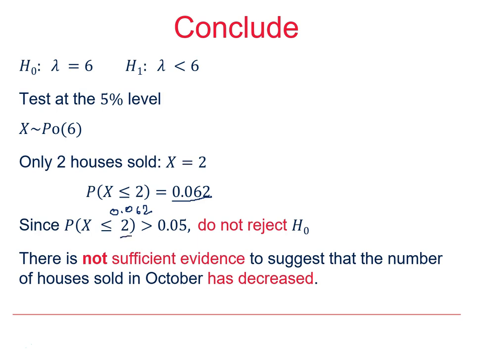So that particular event, the probability of getting 2 or fewer than 2, will happen more than 5% of the time, even if the mean number sold is still equal to 6. So we don't quite have sufficient evidence to definitely reject our null hypothesis, and we would then state our conclusion that there's not sufficient evidence to suggest that the number of houses sold on average in October has decreased.